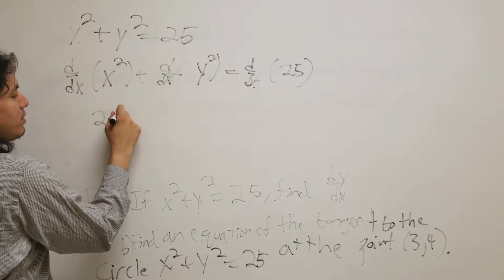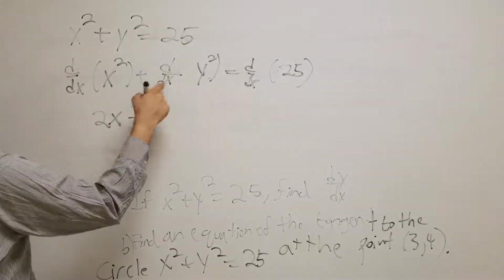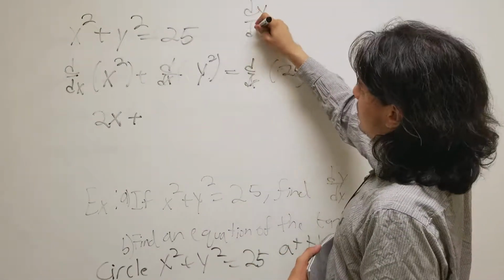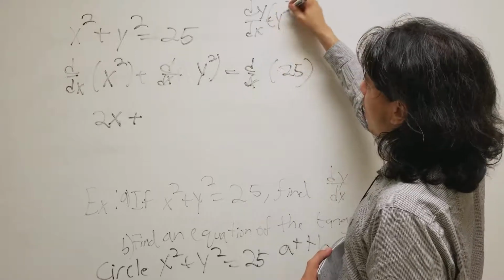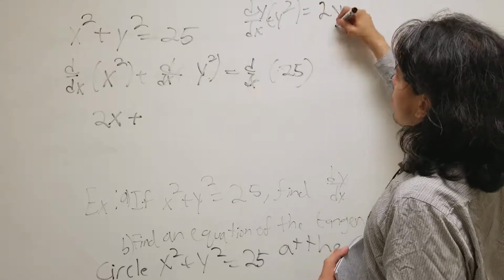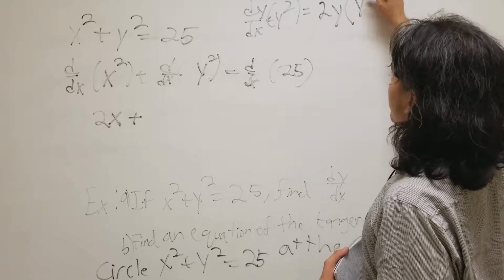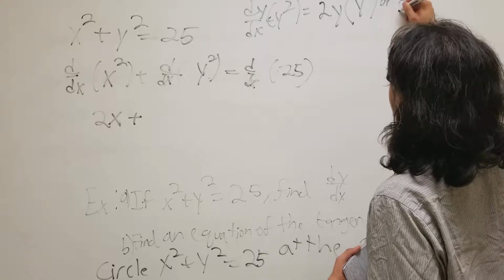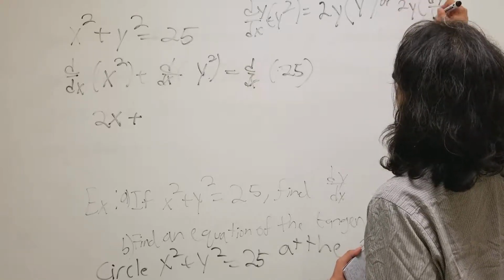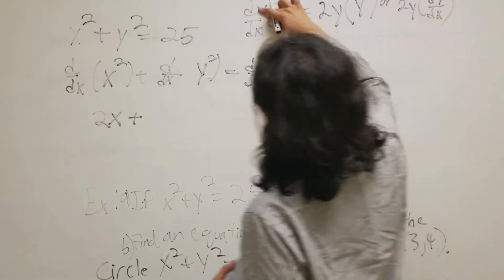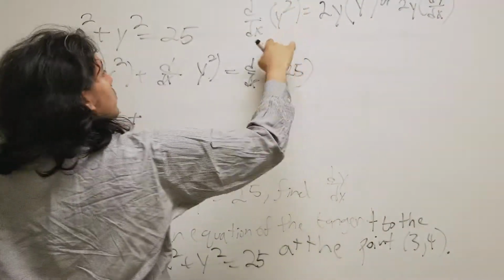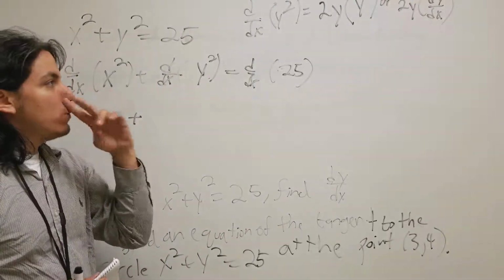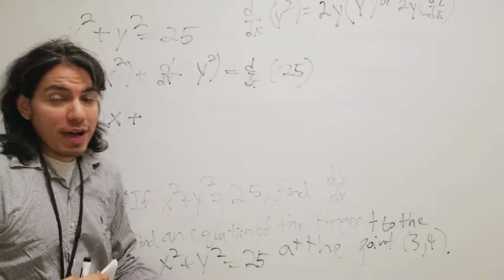The derivative of x squared is 2x plus. Now, when you take the derivative of y squared, you have to do this: it becomes 2y times y prime, or 2y times dy/dx. dy/dx is y prime, another way to write what we're trying to find.